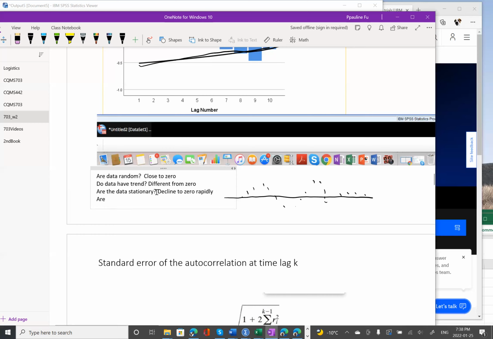The last question we ask: are data seasonal? For example, electricity consumption and gas consumption are usually high during summer and winter. Those data tend to be seasonal data. How do we know the data are seasonal or not? If the autocorrelation coefficient is significant at a seasonal time lag, that is seasonal data.